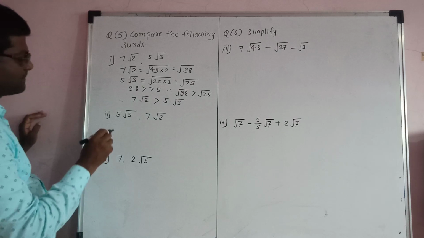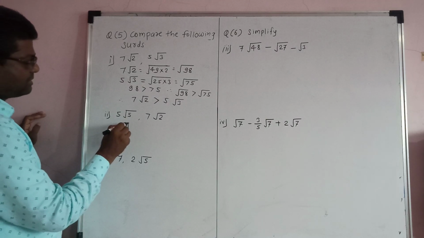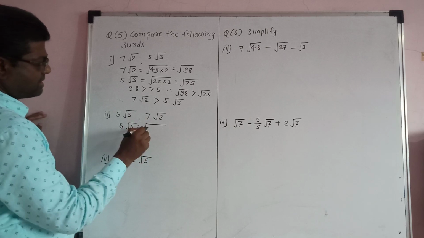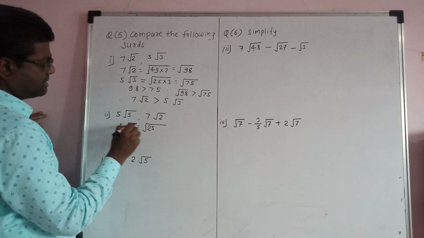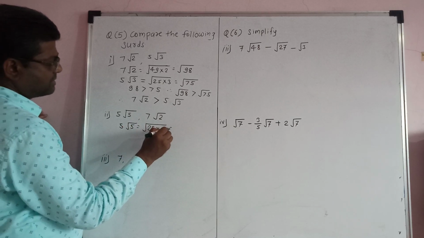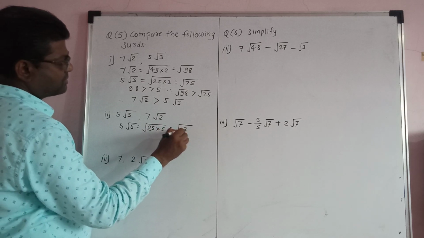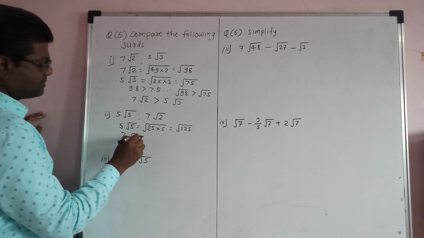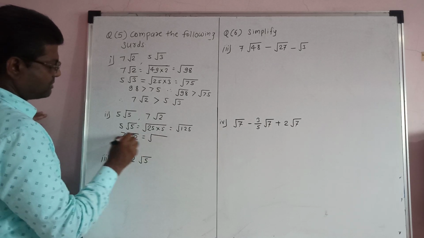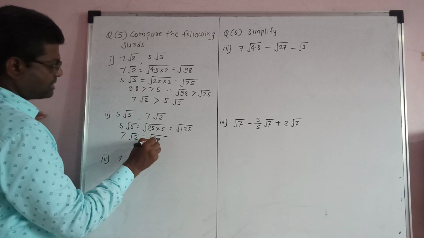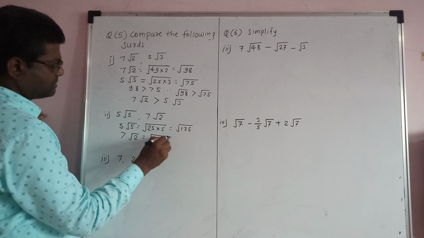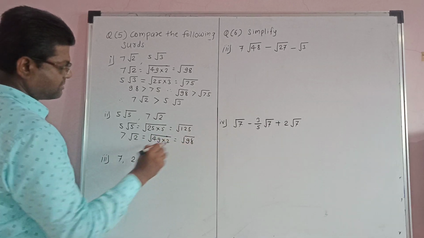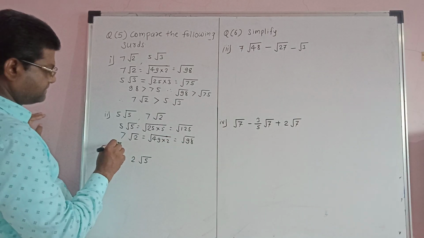Question number 2. 5 into square root of 5 is equal to 5 square, 25, into 5, which is square root 125. 7 into square root of 2 is equal to 7 square, 49, into 2, which is square root 98.